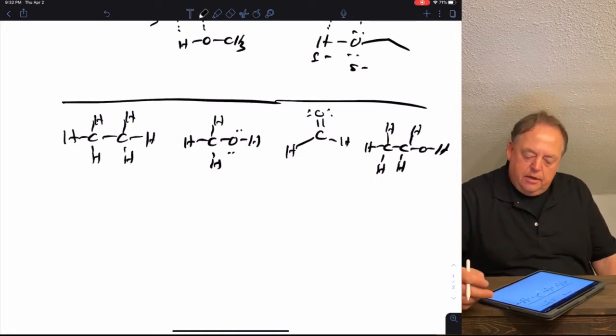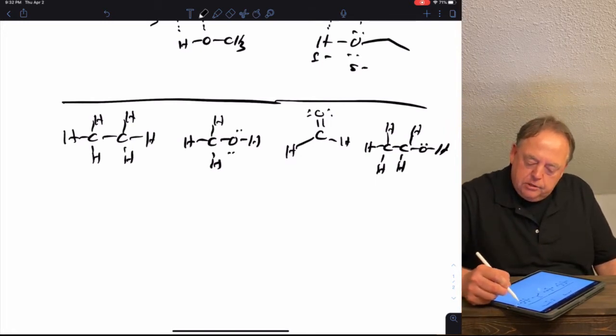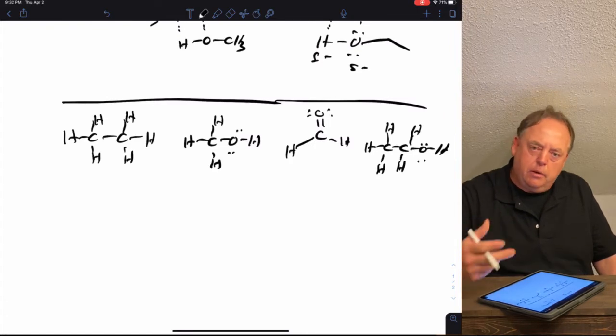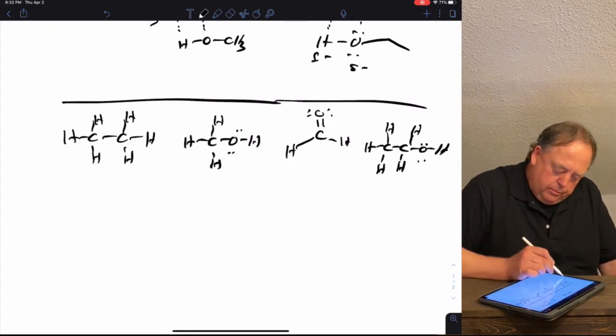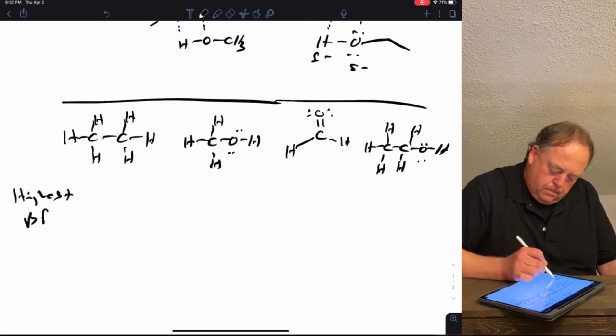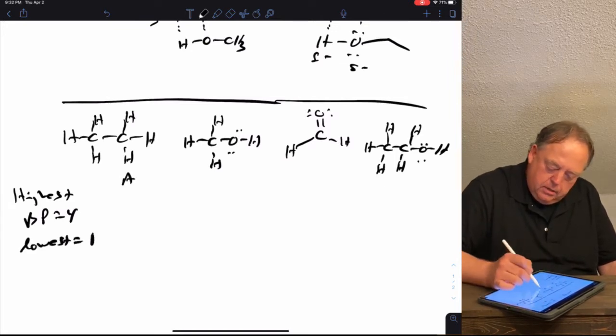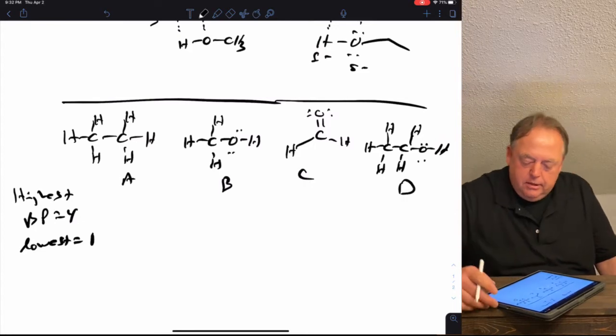And let's identify the main type of intermolecular attractions that each one would experience with another molecule of itself. Okay, so let's say highest boiling point equals 4, and let's say lowest equals 1. So we'll call this A, B, C, and D.